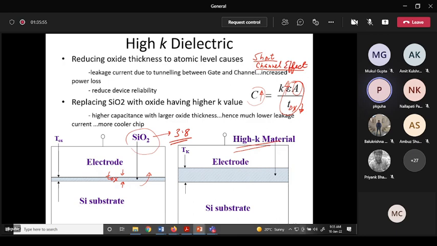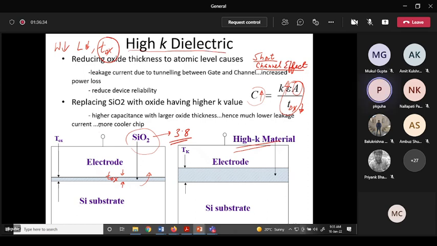So if we use some other insulating material having a higher K value, then we don't have to reduce Tox that aggressively. Even though we are reducing W and L, we don't have to reduce Tox that aggressively to achieve control from the gate side, if we replace silicon dioxide with a high K material, or high K dielectric.